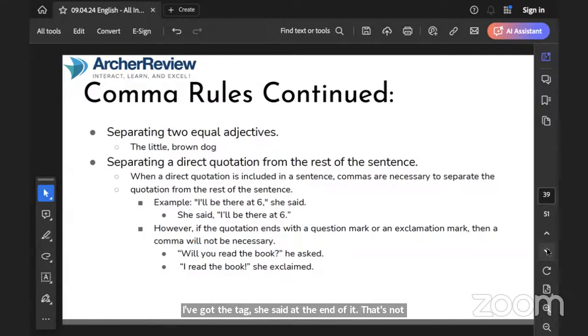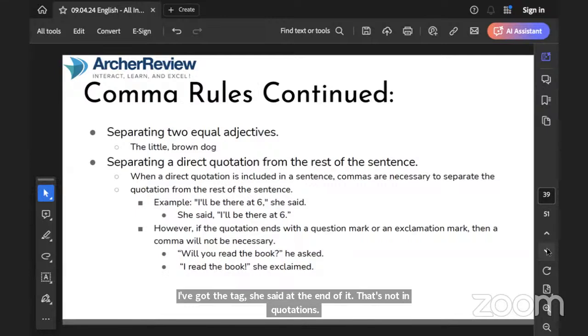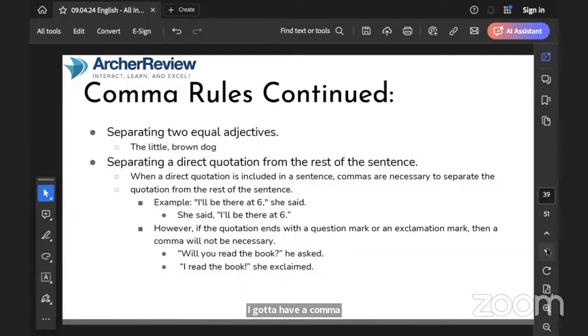I got to have a comma after 6 before the closing quotation to show that this is transitioning to outside of the direct quotation. And it doesn't matter if the tag comes on at the end or if it comes on at the beginning. So if it starts off with the tag and says, she said, and then has the direct quote, you would just put the comma after "said."